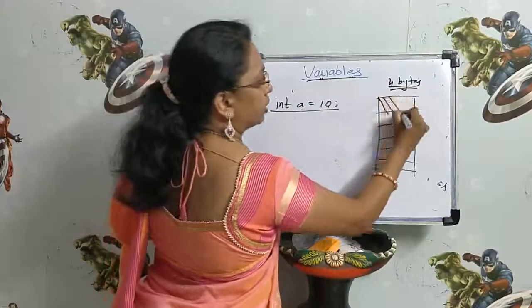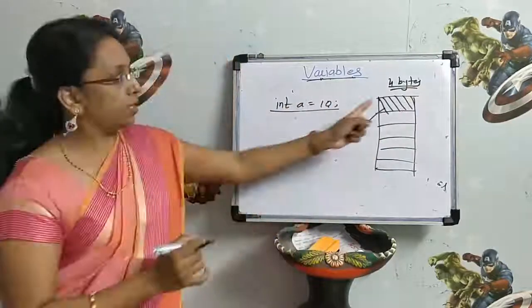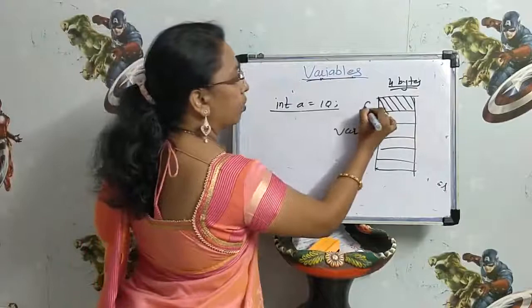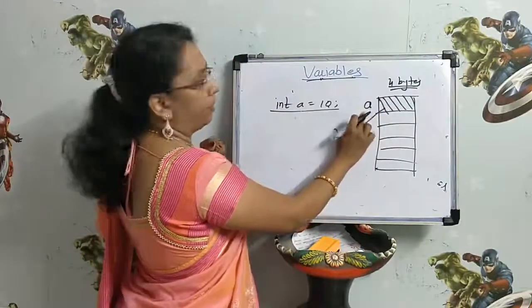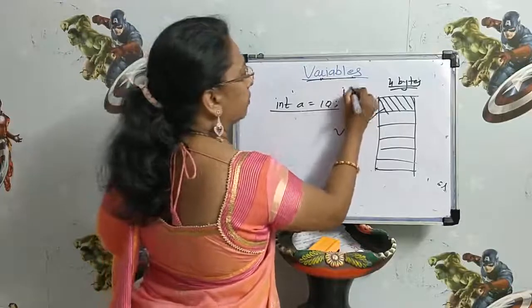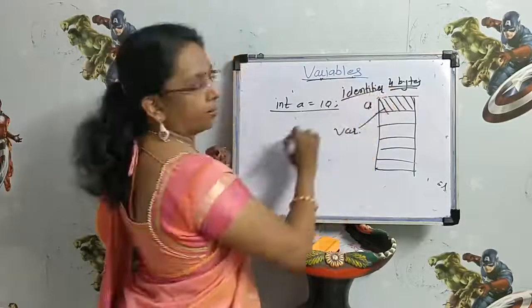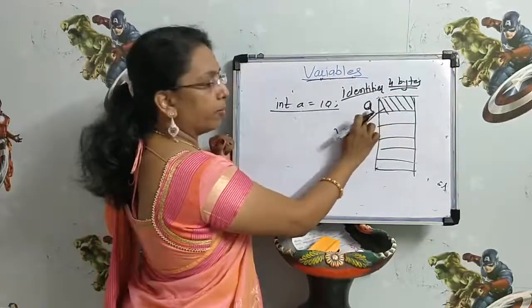So this storage space is called a variable, and the name given to that location is called an identifier. A is what? A variable, a named memory location.